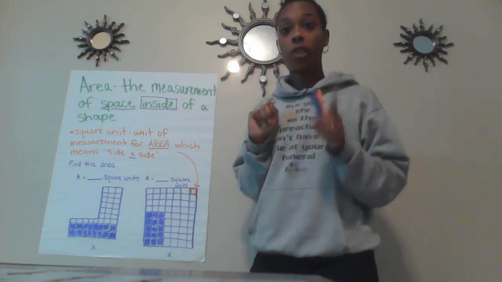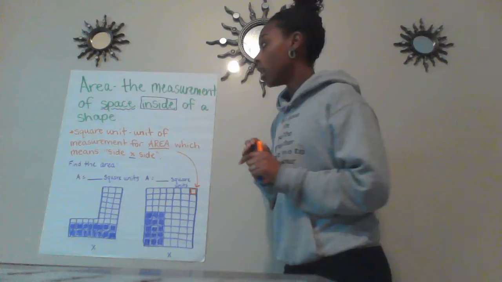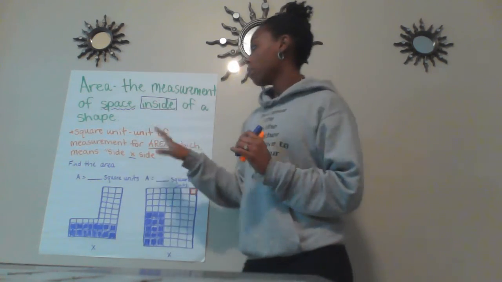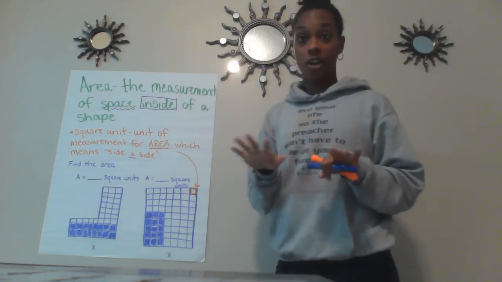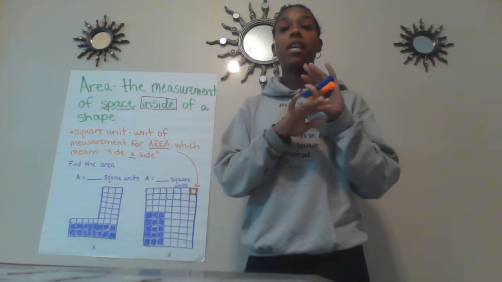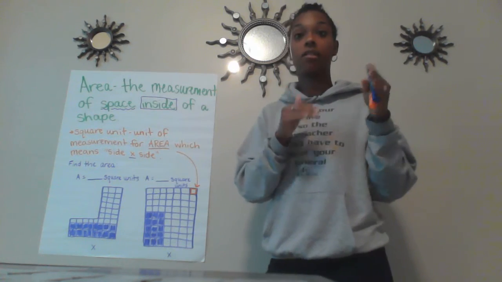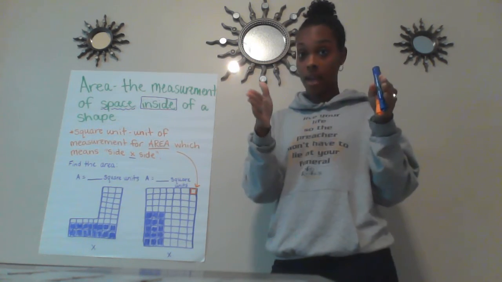So one really important thing about area is that we use square units. Square units are the unit of measurement for area, which basically means that you're doing the measurement of the side times the side. So the side multiplied by the side.